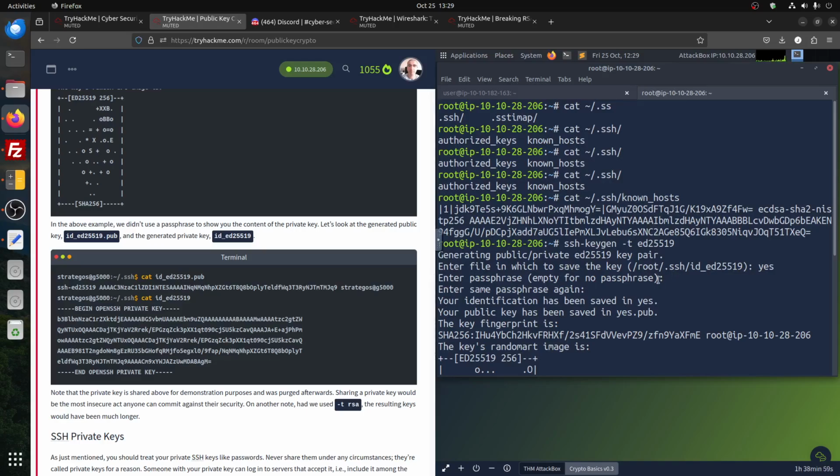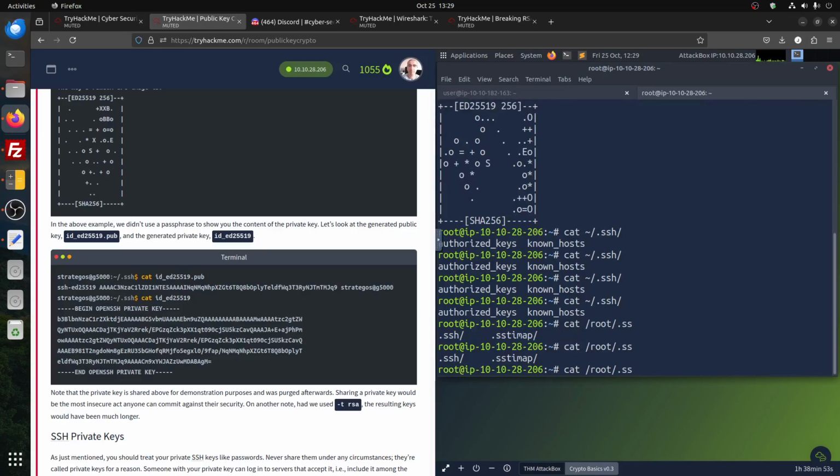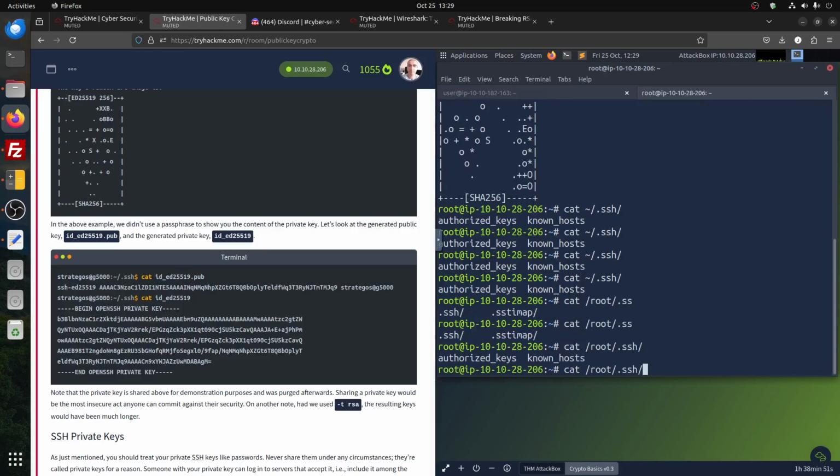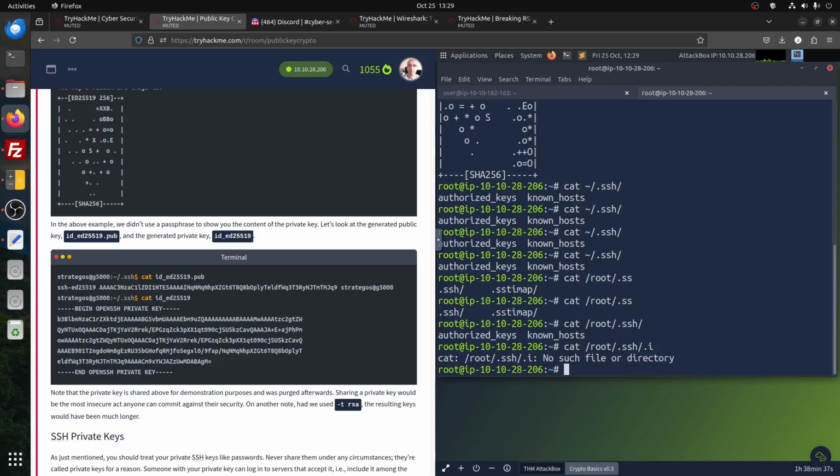Now I'm getting confused. It's supposed to be in the SSH folder for root. I get confused when I make videos. Root .ssh id. cd /root.